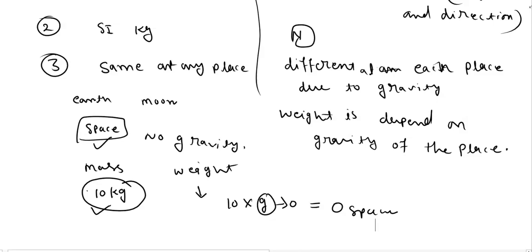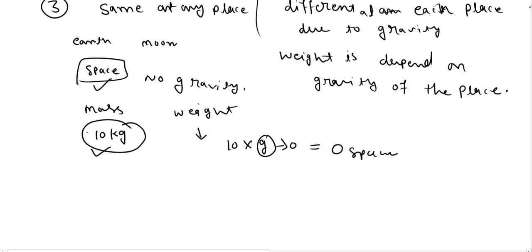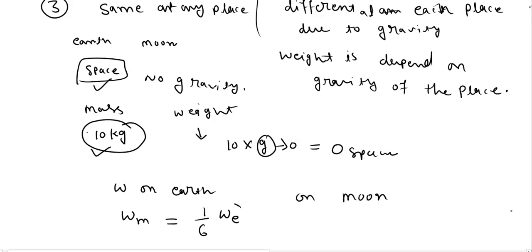Now, one more point. If you want to calculate the weight on Earth and on Moon, the weight on the Moon is 1/6 of the weight on Earth of that object.